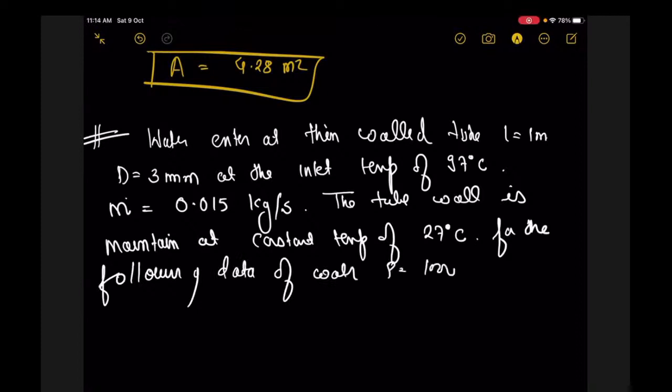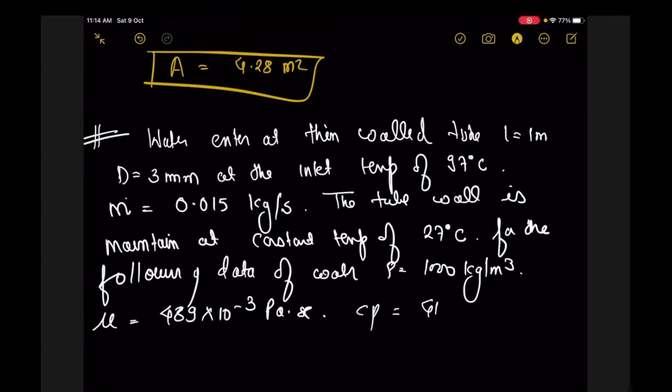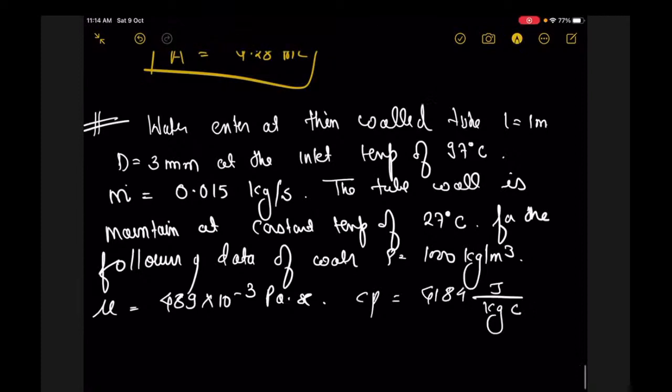Density equals 1000 kg per meter cube. Viscosity equals 489 into 10 to the power minus 3 Pascal second. Cp equals 4184 joule per kg degree centigrade. hi equals 12978 watt per meter square Kelvin.